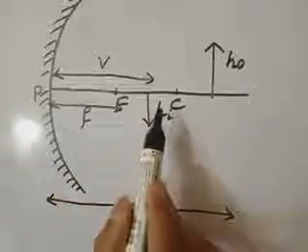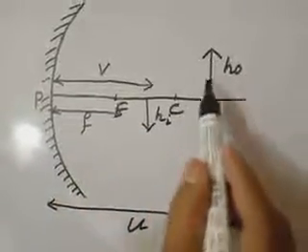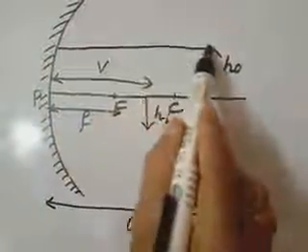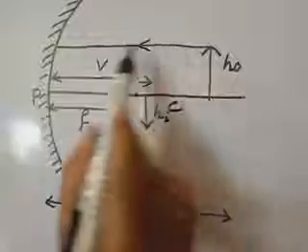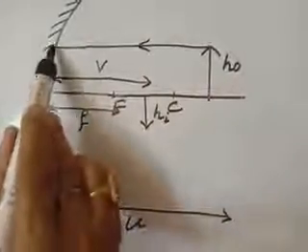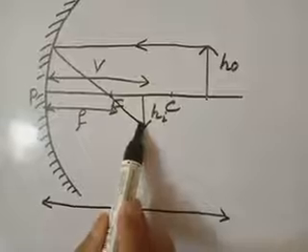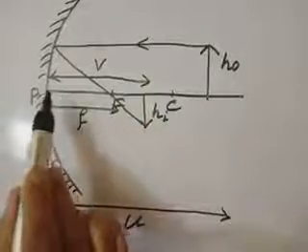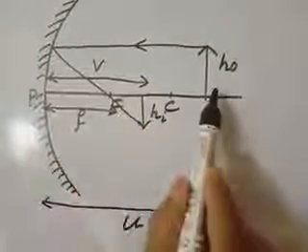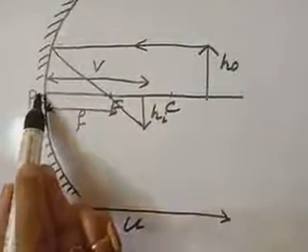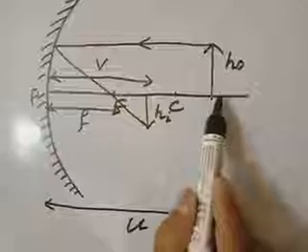Suppose you want to draw the ray diagram. One ray will be parallel to the principal axis and pass through the principal focus. You have already done this. Now when you measure the object distance, this is your incident ray, but the object distance is measured opposite to the incident ray.